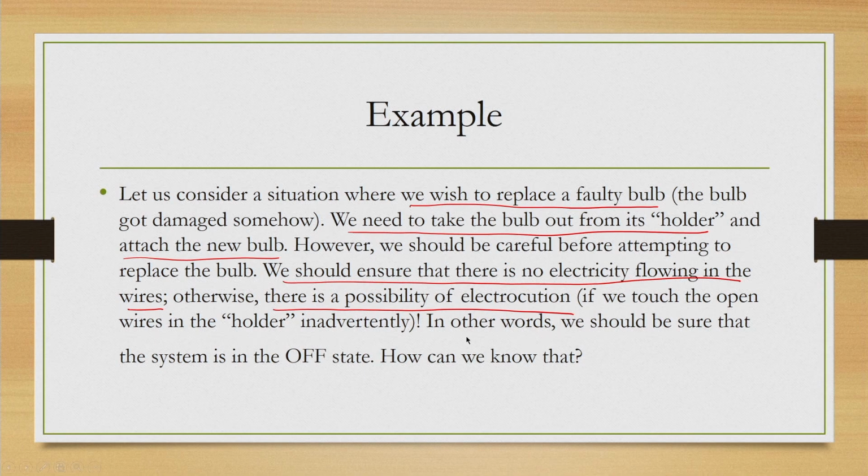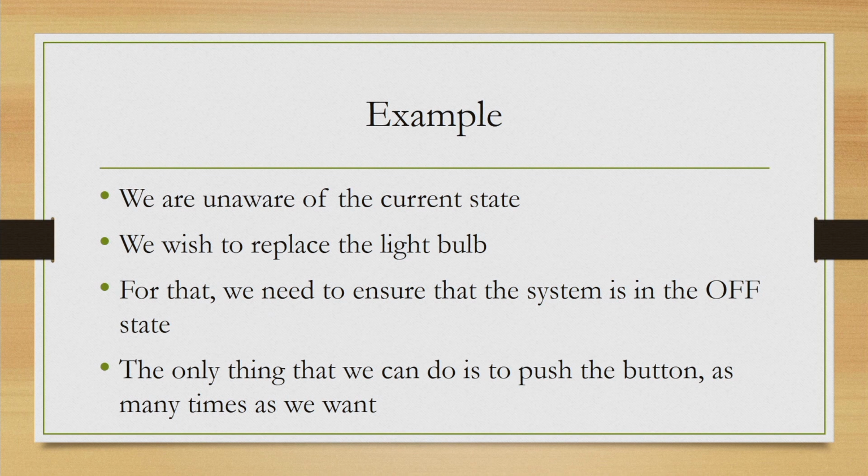This is the same as saying that we want to be sure that the system is in the off state before we can replace the bulb. Can we be knowing that with certainty? Is there a possibility that we can go to an off state with certainty?